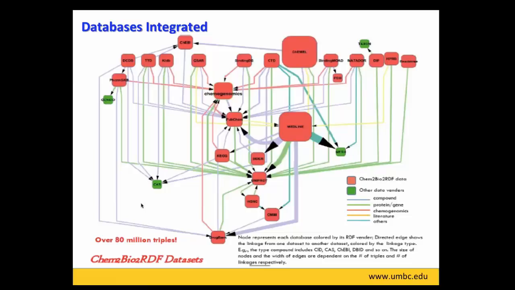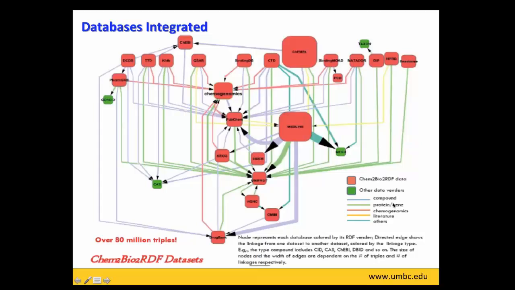linked open drug data. So actually, we integrate a huge amount of data from the different data sources and publish it as web data. So you can see at the time of the first generation, we have over 80 million triples integrated into this Chem2Bio2RDF data set.